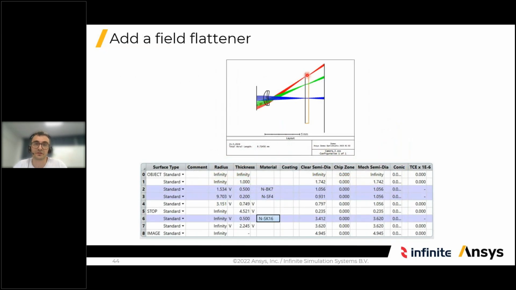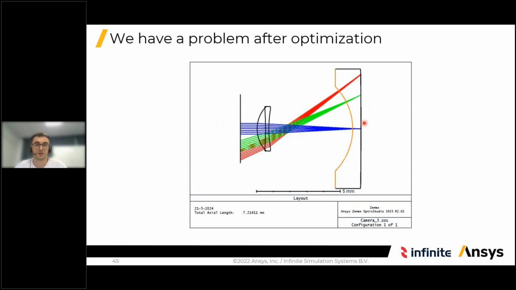So let's do that. Let's just add a piece of glass to our design, close to the sensor. And we don't define any curvature yet. We're just going to make the curvatures a variable and let the optimizer find an optimal design. So we optimized our design, but now we have a problem. You can see that the first surface is passing through the second one.